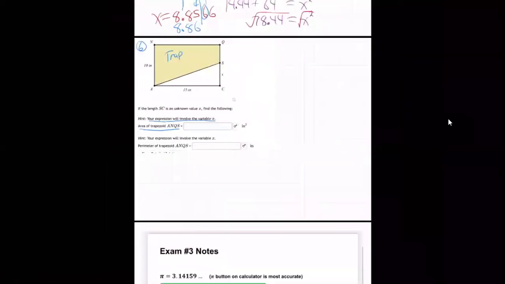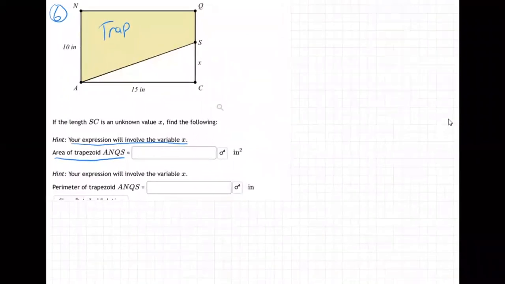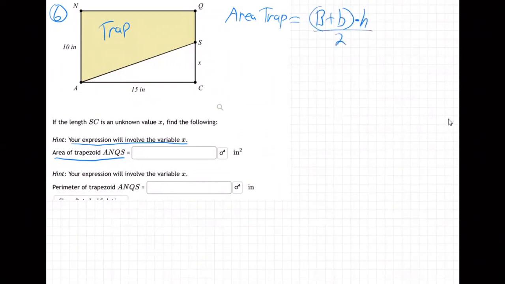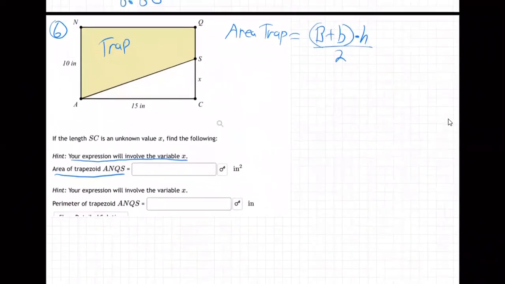So the area of the trapezoid is going to be one of the bases plus the other base times the height divided by 2. So what are the 2 bases and what's the height? Well, it's a little tricky.